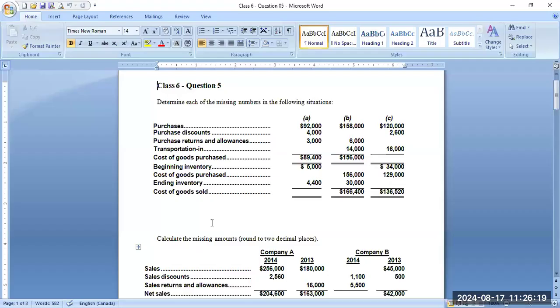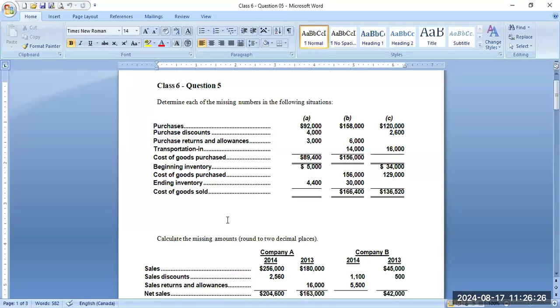Let's see question 5. What's interesting with question 5? Yes. Question 5 is the one that, again, I want you to pay attention to, because it's going to show you the calculation for the cost of goods sold under the periodic system.